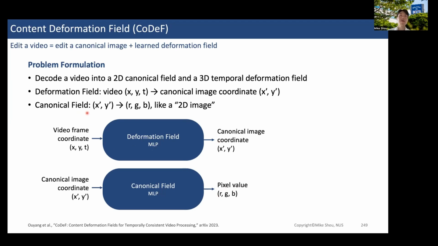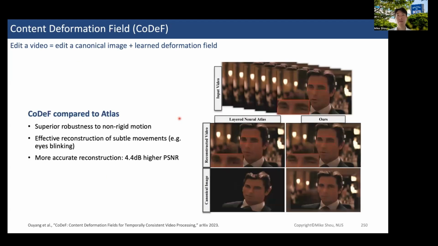So this canonical field, because it can convert coordinates in 2D image coordinates into RGB values, still looks like a 2D image. You can take a look at this example: this is the result of the layered neural atlas, and this is CoDeF.